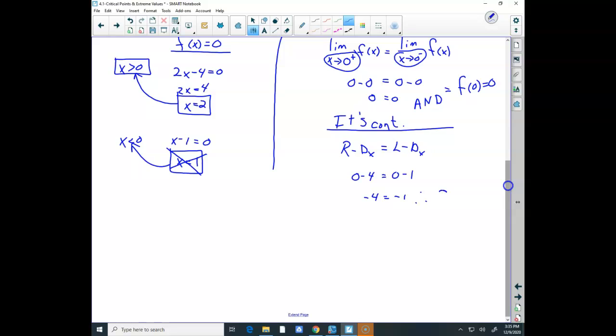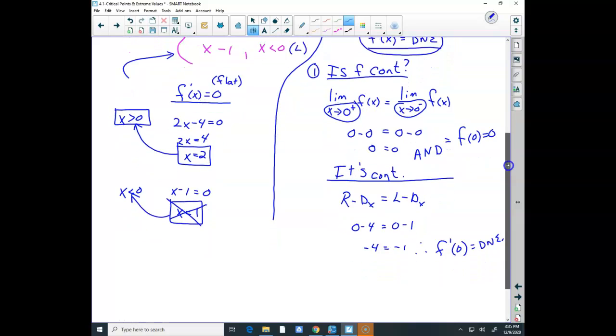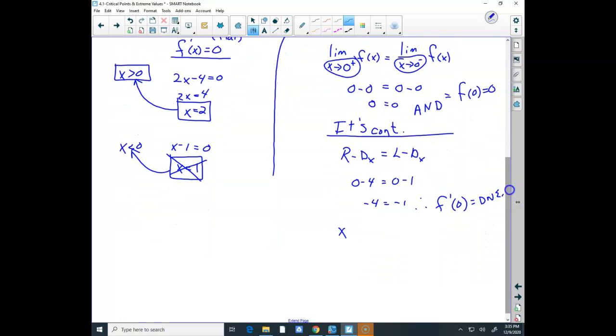Therefore, f prime of 0 does not exist. And if the derivative does not exist, that means x equals 0 is a critical point.